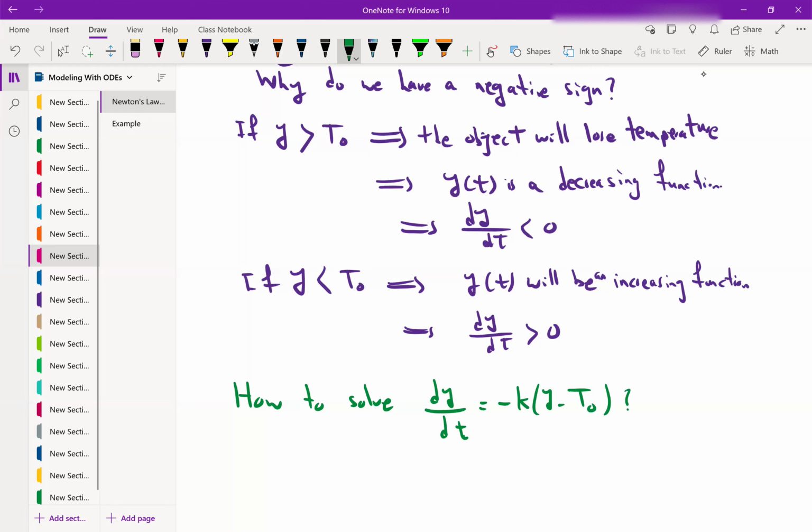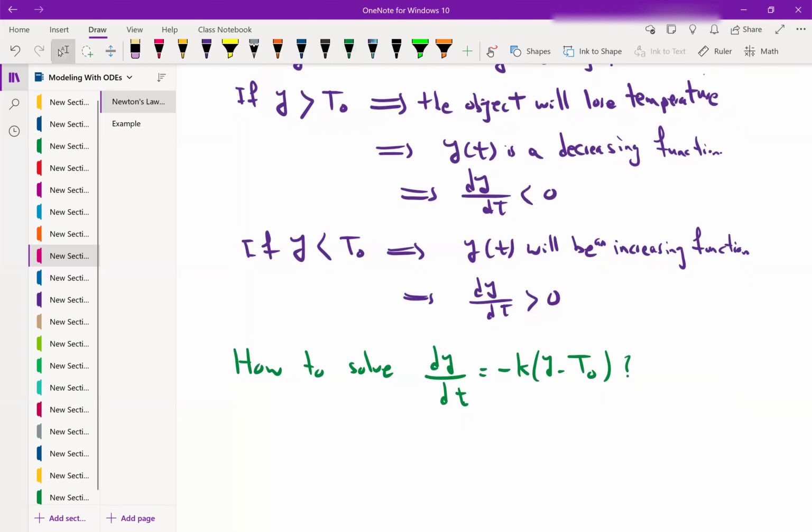However, I'm going to introduce a clever way to solve this equation. There are multiple ways to solve this equation.